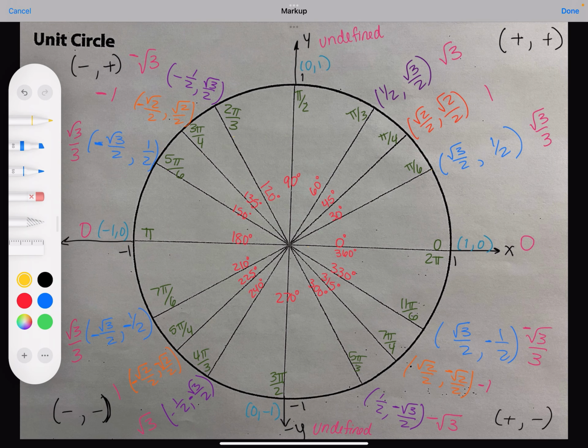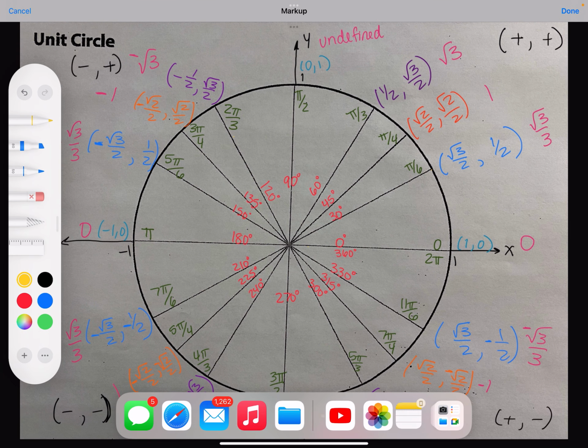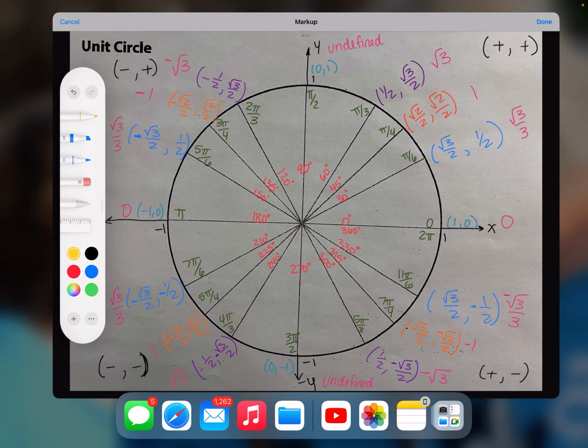No. So we're going to get as close to 110 as possible. From our unit circle, it's a little bit farther than 90, but not all the way to 120. So we know it's going to be in that area there.